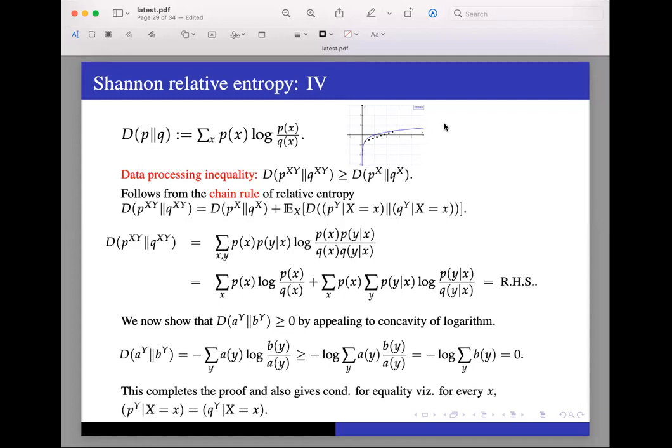So this is a log function, and concavity just means that I take 2 points on the curve and take the chord between them. The chord lies below the curve. So this is what concavity means. So in other words, if I take a point on the chord somewhere in the middle, it lies below the curve.